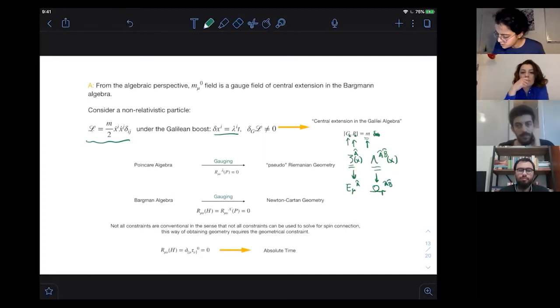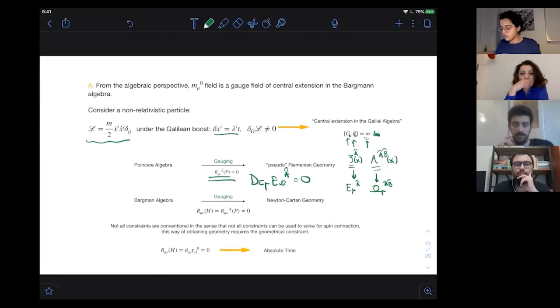That is the conventional constraint I wrote down: basically the curvature of the vielbein is equal to 0. Then you would get the kinematics of general relativity. Similarly, once you have the Bargmann algebra, you can gauge it, and the gauge field of M in the algebra would be the m_mu field. That is the relevance between the gauge field and the central extension.